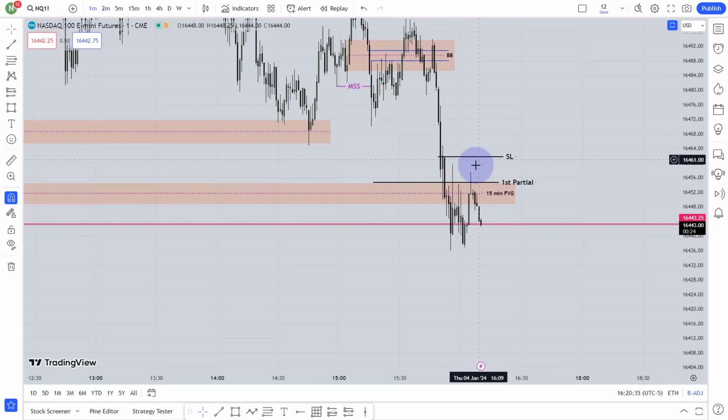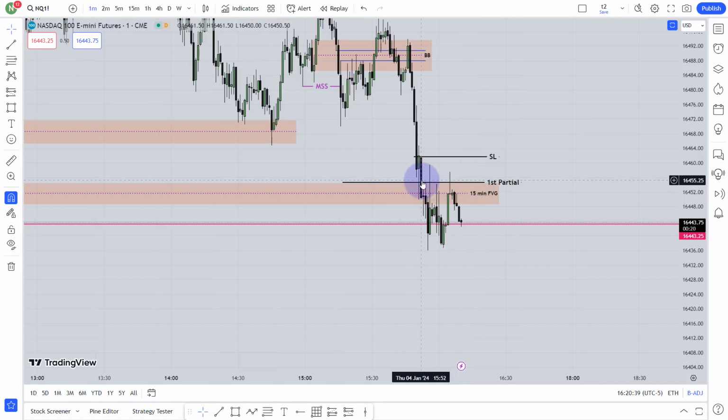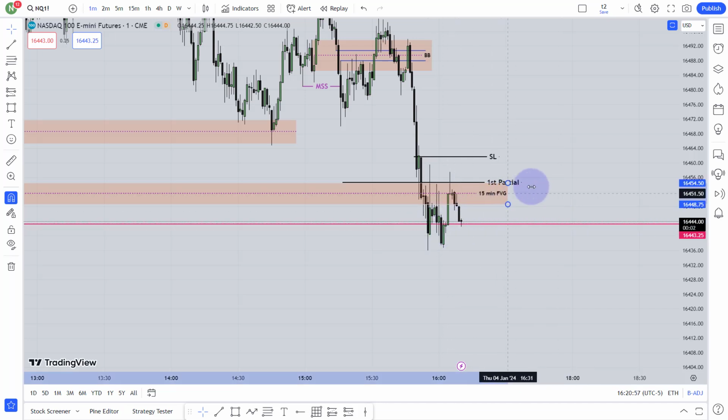I didn't want to take any type of risk, so I put my first partial target over there. Then this will be my last target, and you can see price actually went through this fair value gap, then it went below the sell side liquidity, then it came back again to the consequent encroachment of the last 15-minute fair value gap.